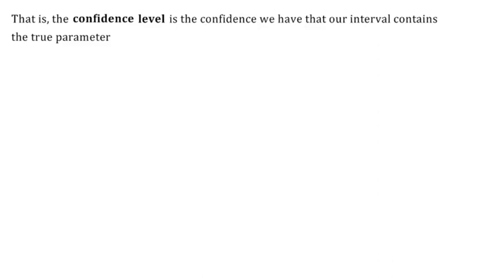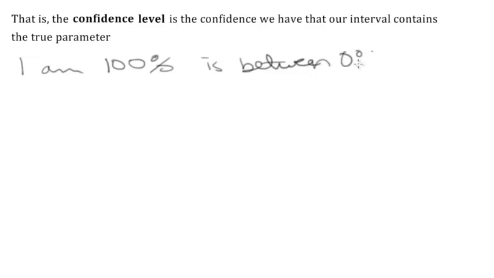And you might be thinking, why do I need a confidence level? Clearly, I want to be 100% confident. Well, I can be 100% confident. I am 100% confident that any proportion is between 0% and 100%. But that is the only way I'm going to be perfectly confident.